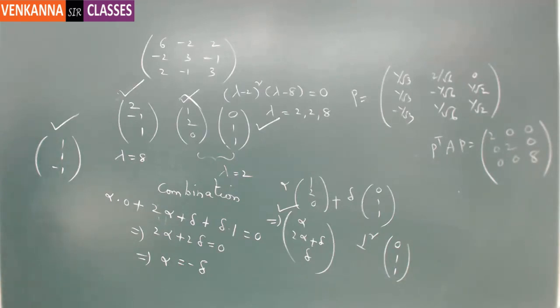Then I am going to take the other method, reducing to the canonical form by using row as well as column operations. Okay? Shall I proceed?